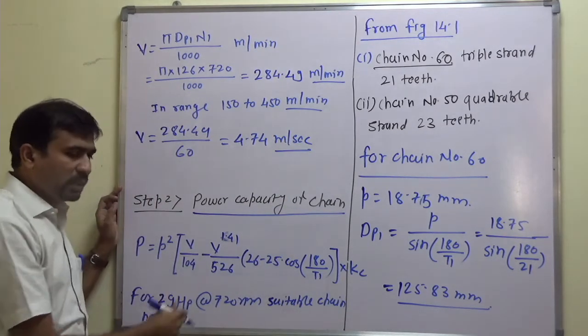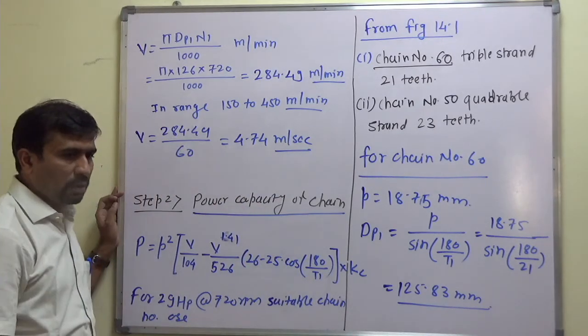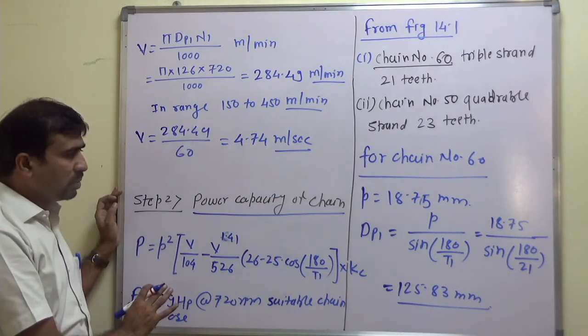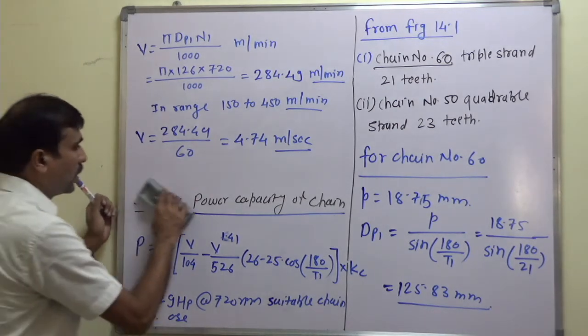Now for this equation, we know P, we know V, we know T1, we know Kc. So we can put all these values and calculate power capacity.